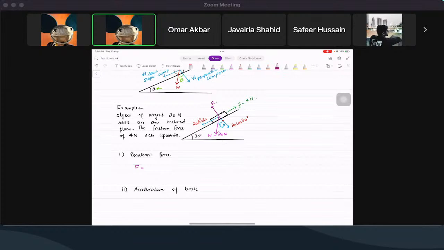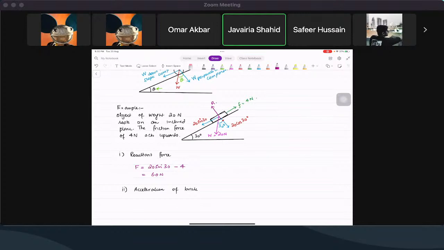So what we're going to do is 20 sine of 30 minus 4, because you want to know what exactly is happening on the slope. So the answer to this should be about 6.0 newtons. Is it clear, everybody?